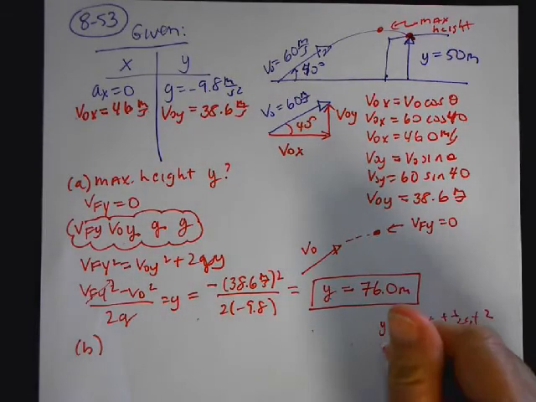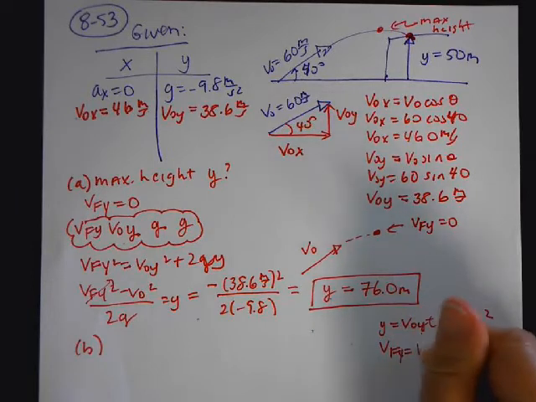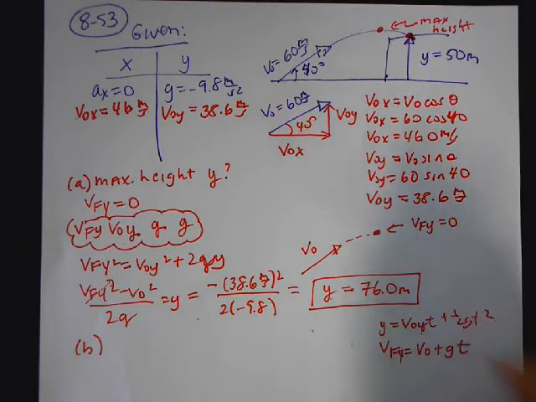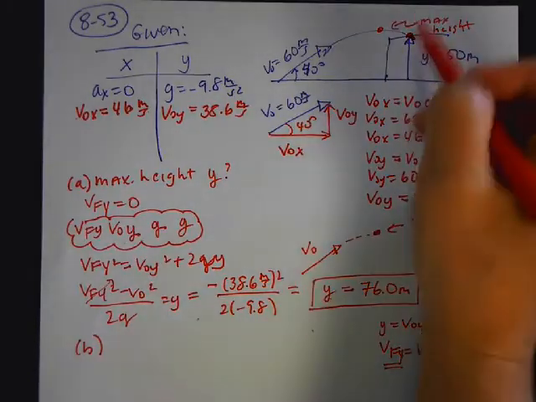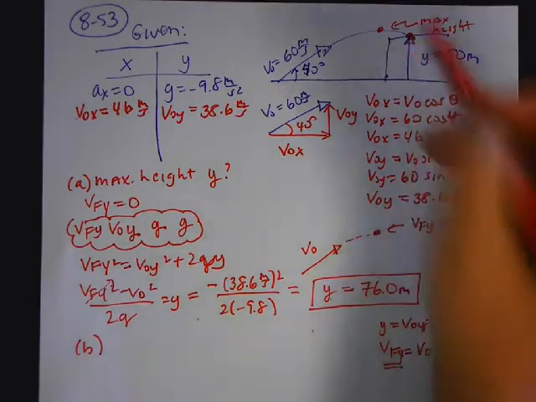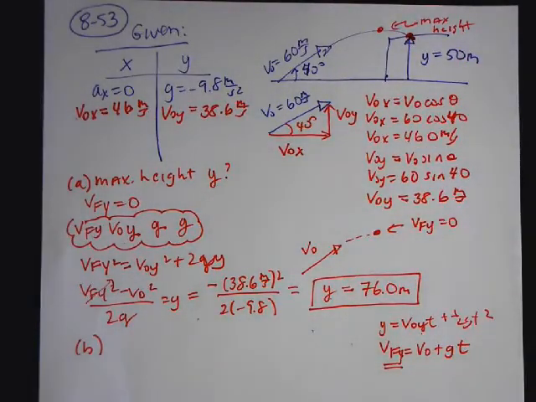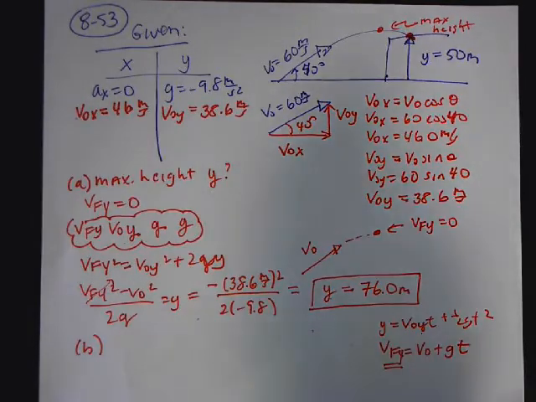And I also have the equation vf y is equal to v naught y plus g t. The problem is I don't know this vfy up here, do I? I don't know that. There's more than one way to do this problem. So again, when we do projectiles, there's more than one way.